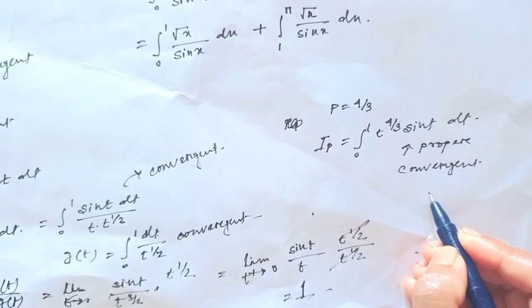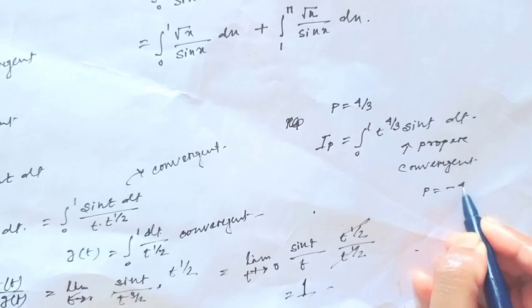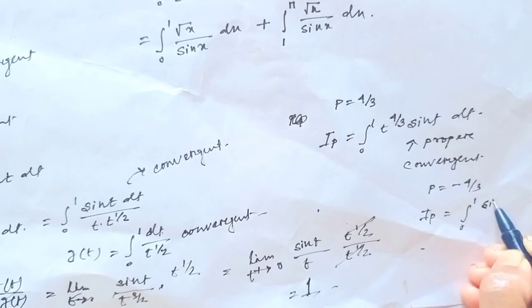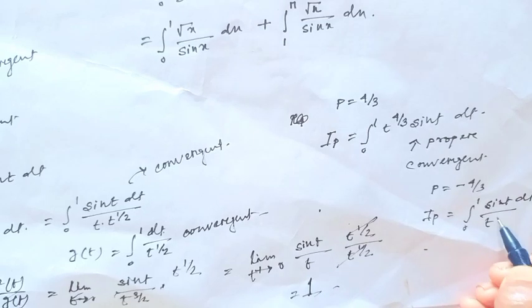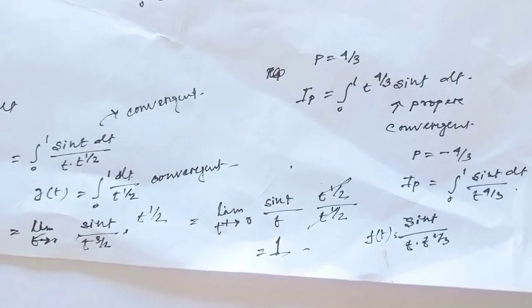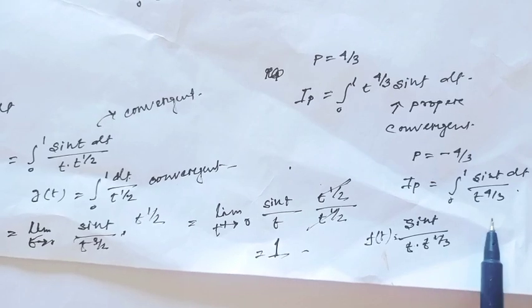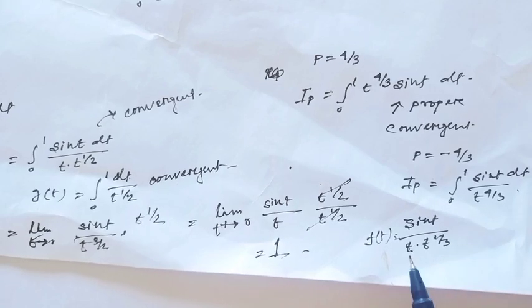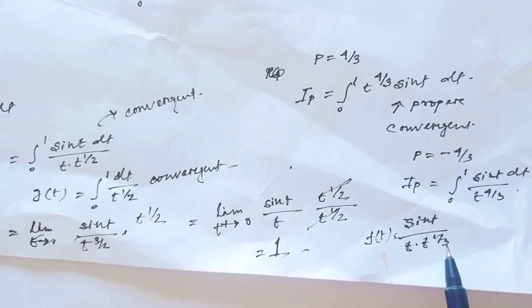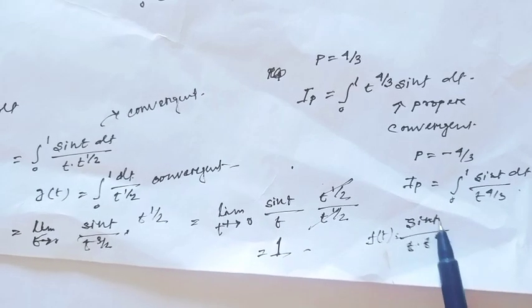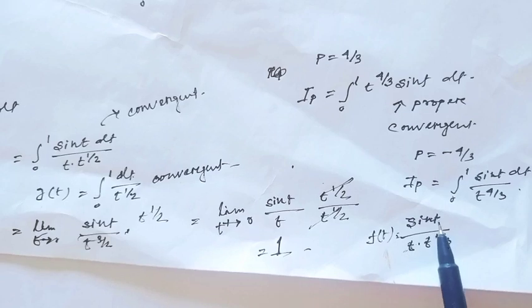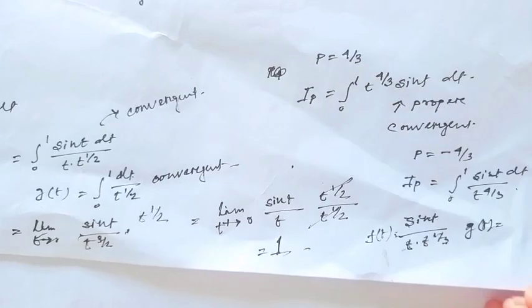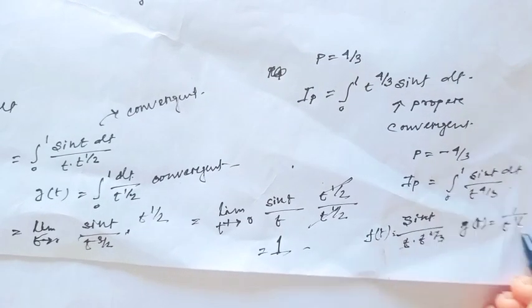And fourth option, p equal to minus 4 over 3. Then I_p equals the integral from 0 to 1 of sin t dt over t to the power 4 over 3. This is actually similar to the second option. Here this is f(t), and we can write t to the power 4 over 3 as t times t to the power 1 over 3. Since the integral from 0 to 1 of sin t over t is always 1, consider g(t) equal to 1 over t to the power 1/3.